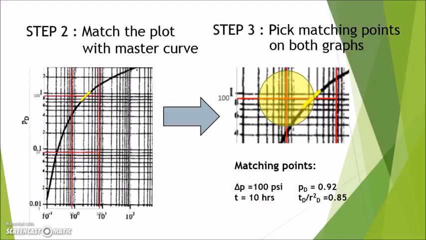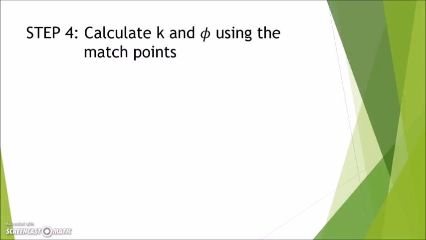So from the matching points, we get delta P equal to 100 psi and PD equal to 0.92, while T is equal to 10 hours and TD over RD squared is 0.85. We take these points and proceed to step 4, which is calculating the permeability and porosity.